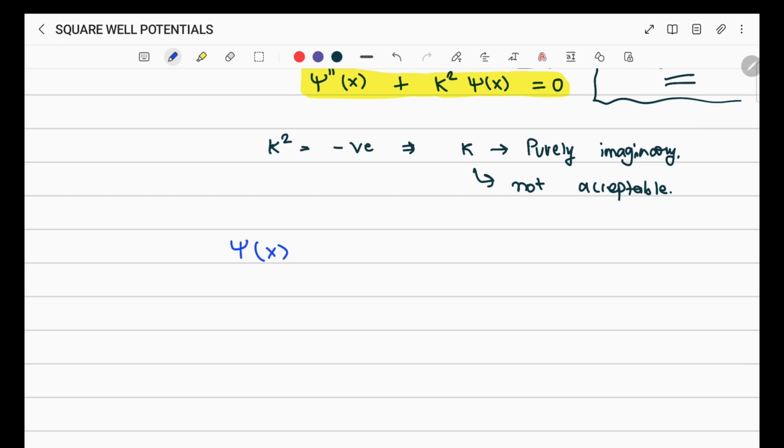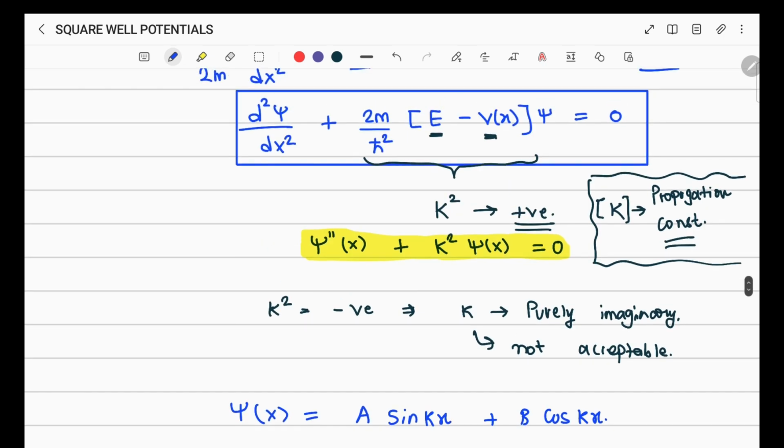So xi of x becomes some constant times sine of kx plus another constant times cos of kx, where k has the value of the square root of this thing. So this was one case, one scenario. We discussed this thing.